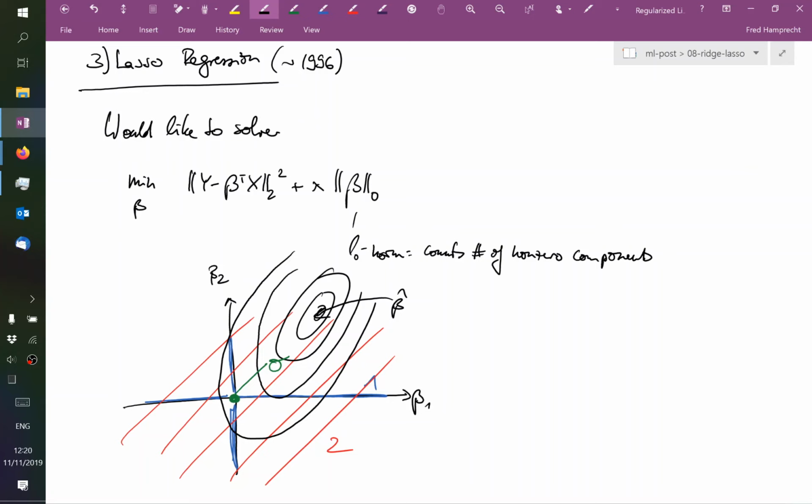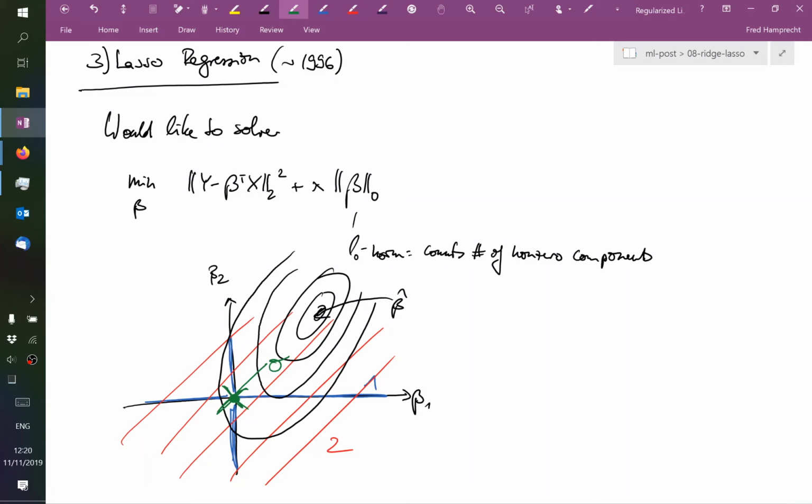I would have to evaluate what's the loss at the origin, at the green point, because, well, if I want a solution with 0 coefficients, so I'm just saying there's no dependence of my y on the x at all, then I will not incur a loss from my regularization term, but I will incur a loss of, well, you can read it off from these ellipsoids here. I could read off what's my loss if I simply set beta to 0 and that's it.